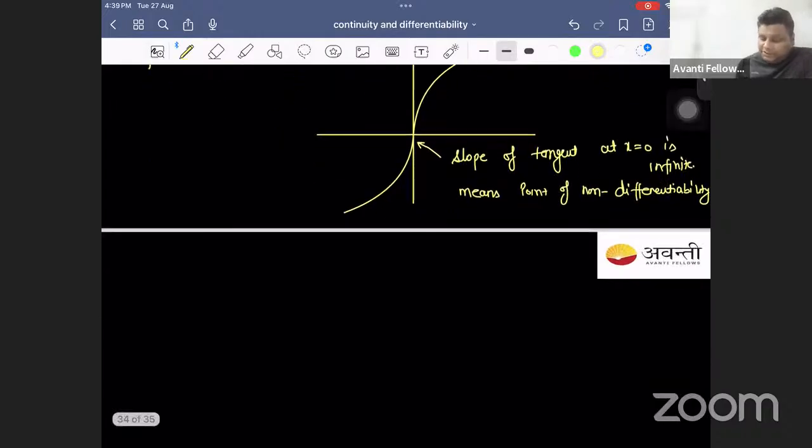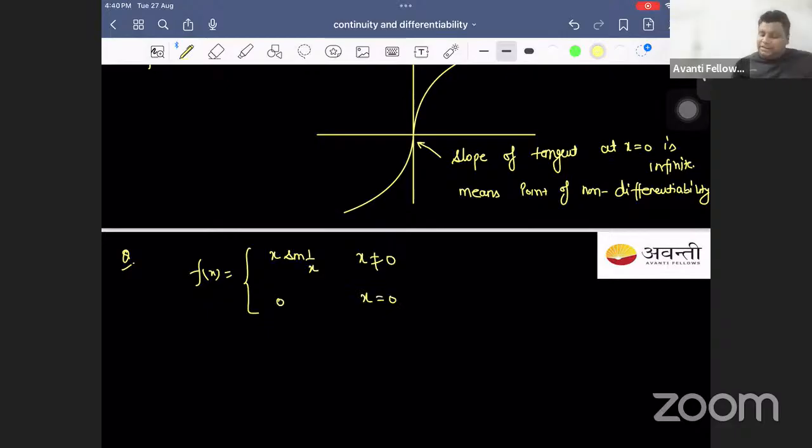Now, let's do a very popular and important question. A function f(x) is given as x sin(1/x) when x is non-zero and it is 0 if x is 0. I'm asking you to check for continuity and differentiability.